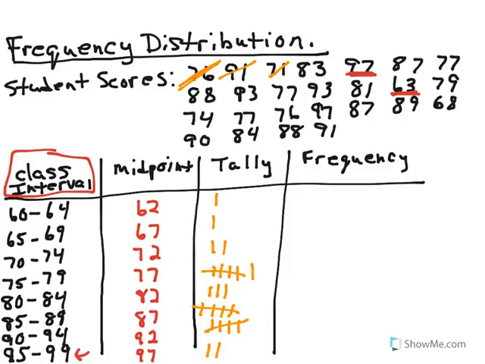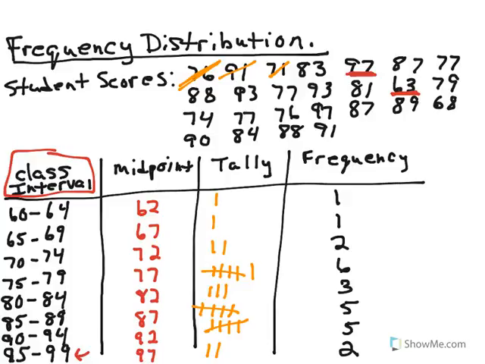Okay. Now our frequencies are those digits. There's one tally. We use a different color here. There's one tally. Here's one tally. Here's 2. Here's 6. Here's 3, 5, 5, and 2.